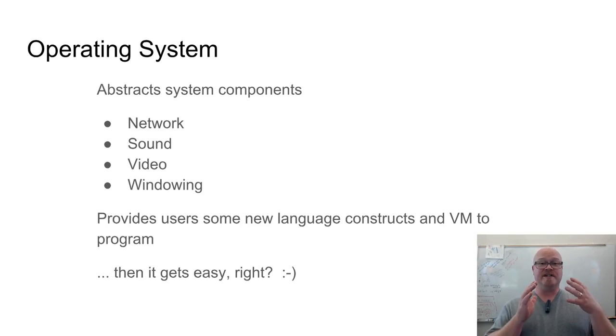So you're watching this video probably inside the frame of some window, and your operating system is controlling that window, so that if you were to relocate the window as a user, no software written by the person who wrote that application is going to have to concern themselves with the fact that there is a new physical location in the video buffer that needs to have these pixels being rendered to it. All of that is managed directly by our operating system because it abstracts away those system components for us.